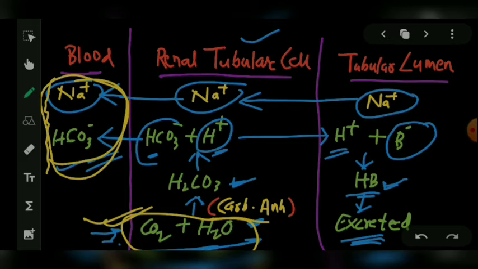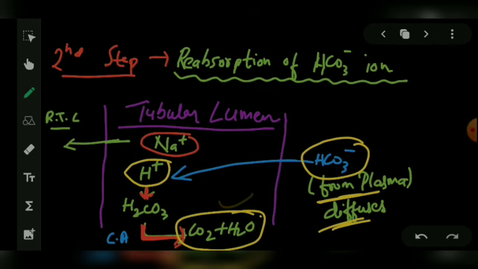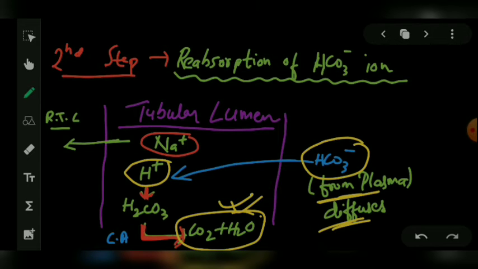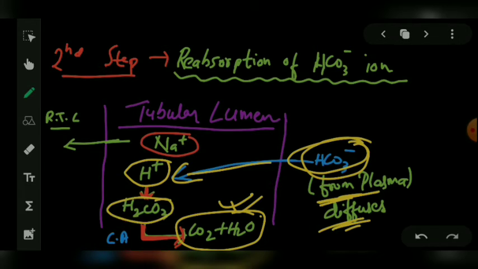So the second process was very easy: HCO3 minus ions from plasma diffuse into the tubular lumen and combine with H plus and form H2CO3, and H2CO3 in the presence of carbonic anhydrase dissociates into CO2 plus H2O. And the previous process continues.